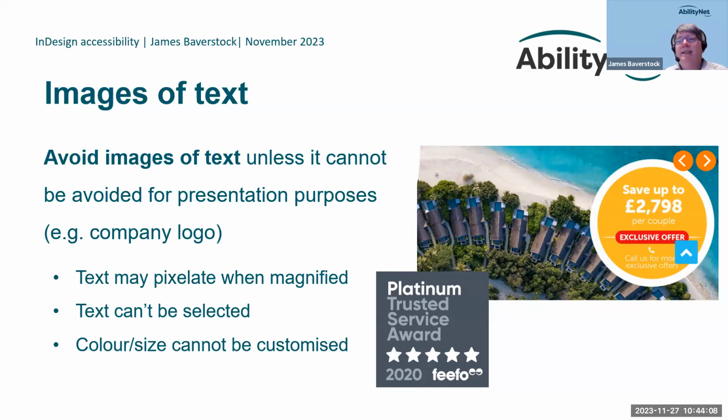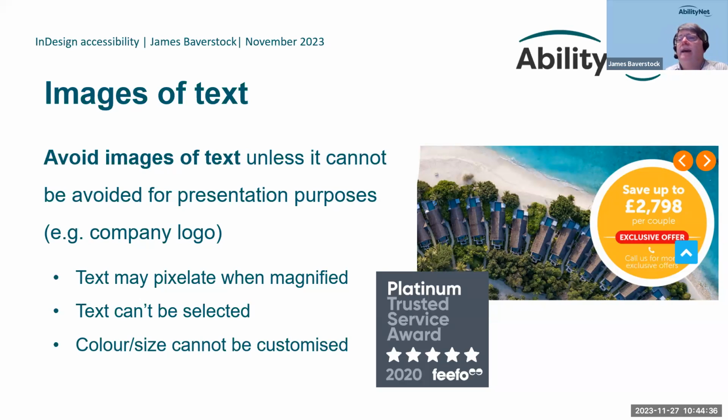Text also can't be selected if it's just an image. So you may have users with conditions like dyslexia who are using text-to-speech tools, which are a bit like screen readers, but they're tools that they can use to announce items on the page to them. They're going to want to select text in order to have it announced. And if you're using an image of text, then that text won't be selectable by the text-to-speech tool.